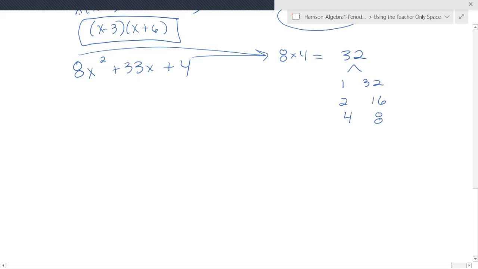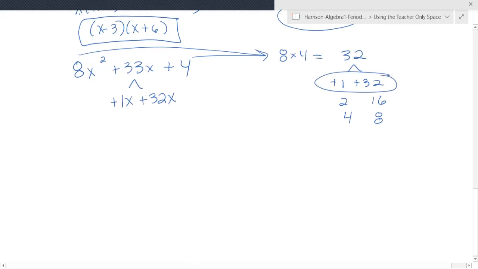I think that's it. But I see my answer, the one I need. To get to 33, I need 1 and 32. And they both need to be positive. So rewrite this middle term as positive 1x plus 32x.